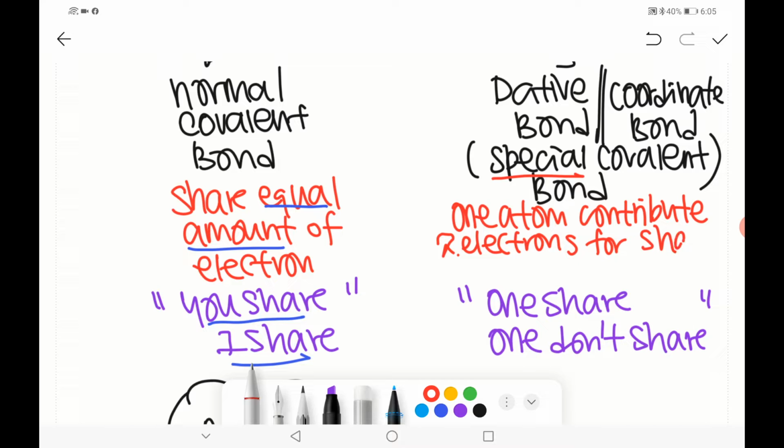Meanwhile, the other atom has no contribution. So one atom shares 2 electrons, and the other atom has no contribution at all. One shares, one doesn't share.